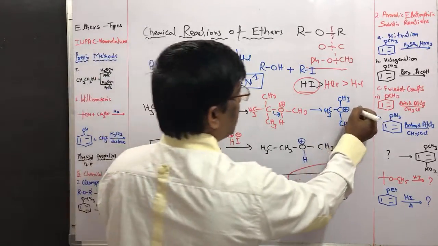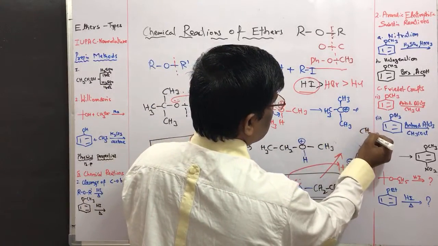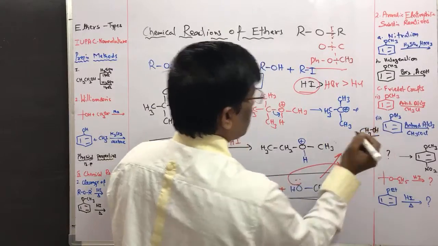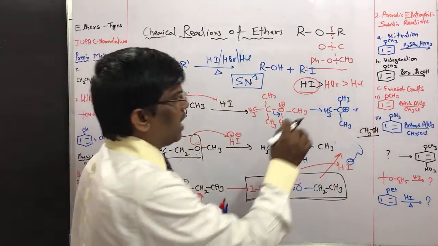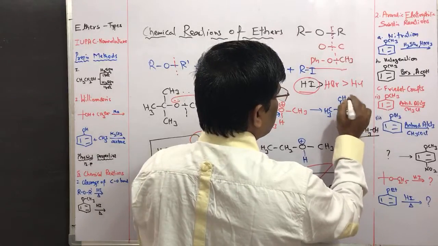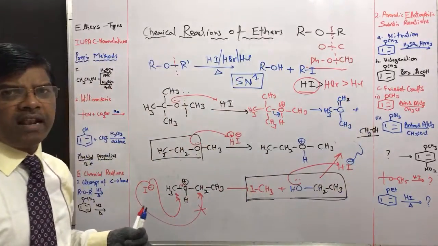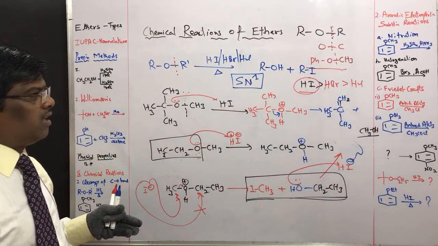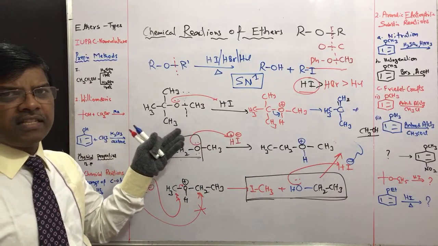And the remaining is methanol on this side, OH, and this tertiary carbocation may undergo elimination to give propene, 2-methylpropene. Yes, students? So this is how demethylation takes place.